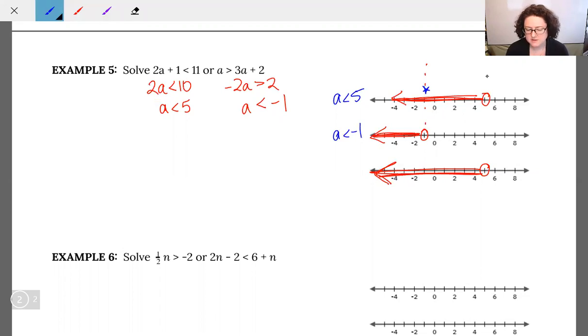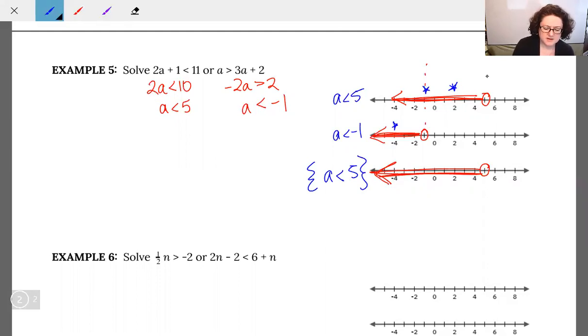So as long as it works on one or the other, we can include it in our solution set. So again, at a +2, we would want to include that in the solution set because it's in one of the graphs or the other. If we pick something like -4, it just happens to be in both of them. So our solution set on this one is actually going to be a is less than 5.